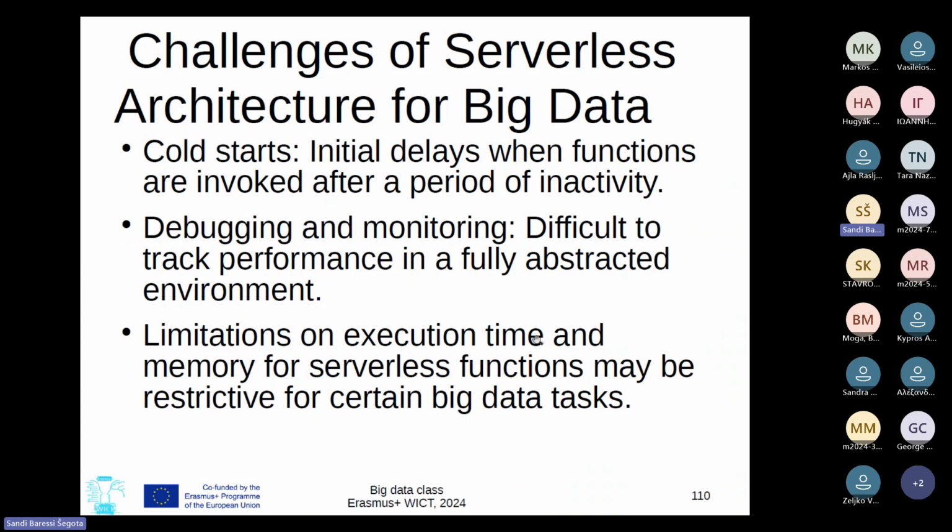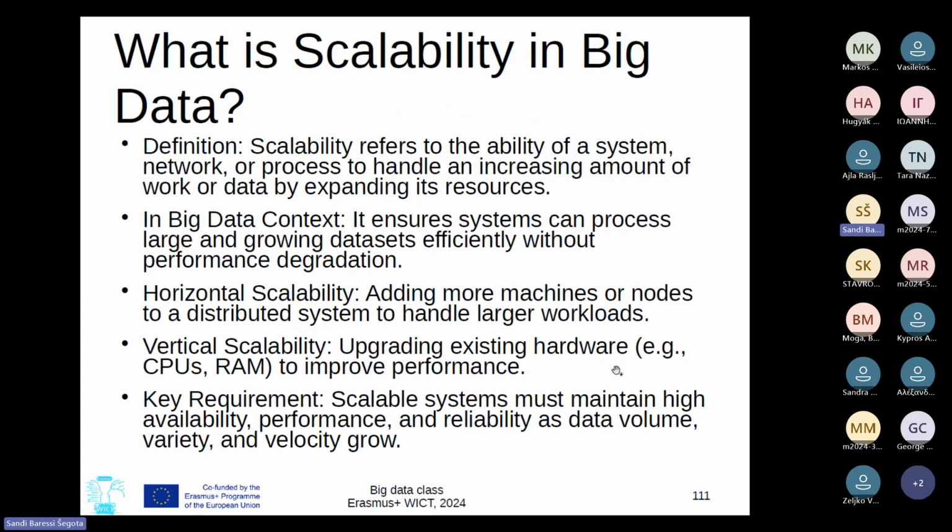And again, you have certain limitations on execution time and memory. Running very complex, supercomputer-level tasks can be problematic because they simply aren't designed for this, and they might disconnect you or something like that because they're designed for much simpler tasks.